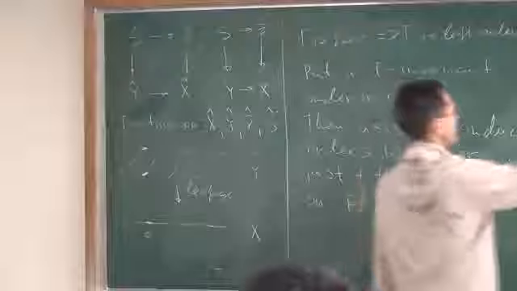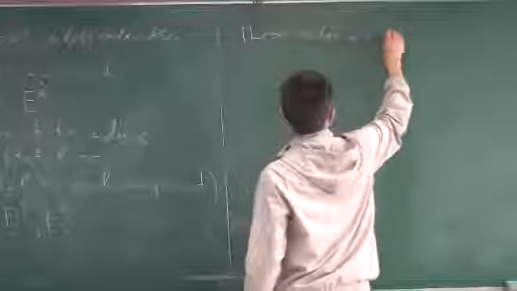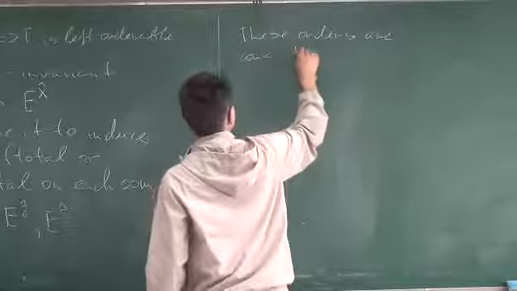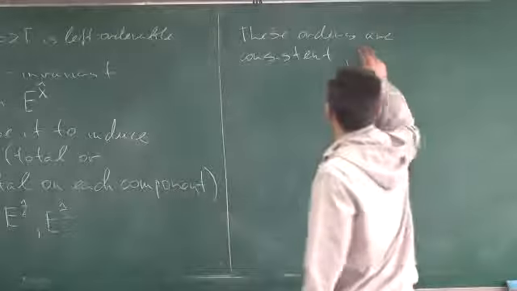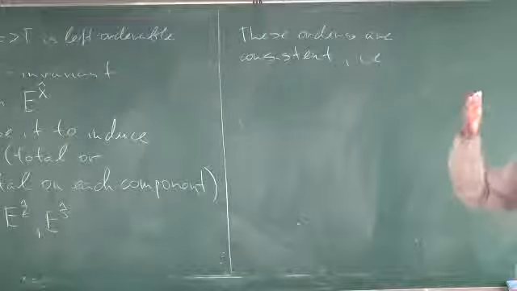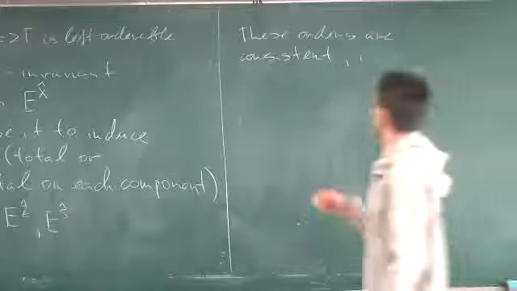So these orders are consistent in the sense that on each component, after you map it, it coincides with the order on the image.